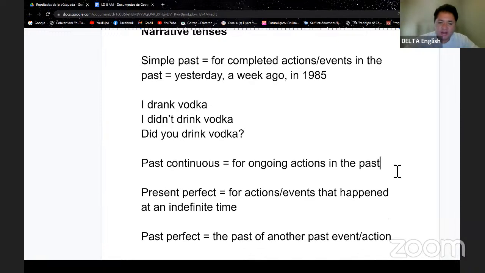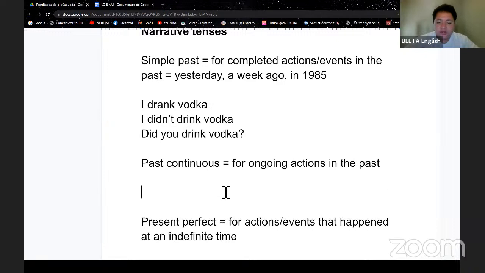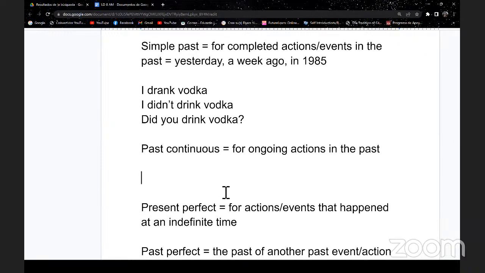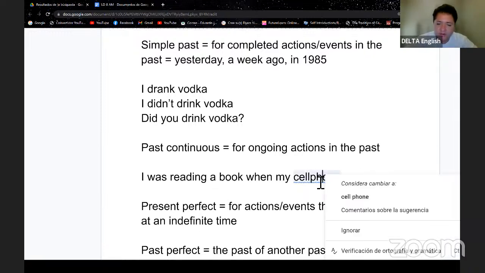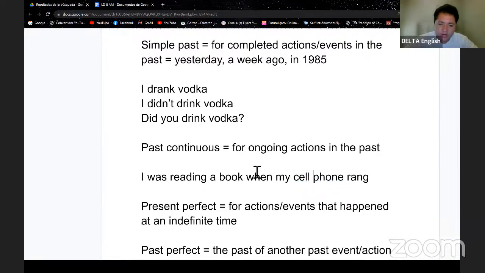Now, please tell me an example with the past continuous. I was reading a book when my cell phone rang. When my cell phone rang. Okay, excellent. And here you have the two elements. You have the past continuous and the simple past in one sentence.